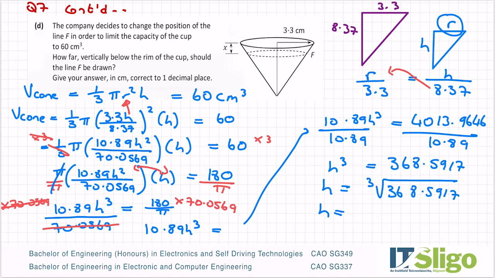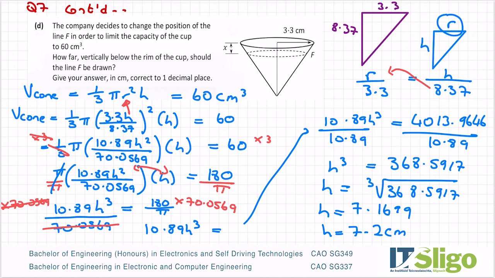Answer equals 7.1699, and then back to one decimal place, h is equal to 7.2 centimeters. Okay, so not done quite yet.